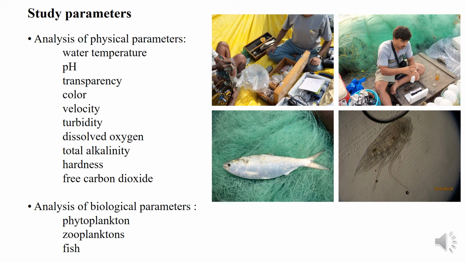So you need to check different physicochemical parameters like temperature, pH, transparency, color, velocity, turbidity, DO, total alkalinity, hardness, and other parameters, and also biological parameters like zooplankton, phytoplankton and fish. So that is the whole complete study of environmental DNA.